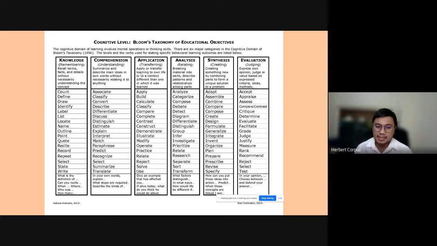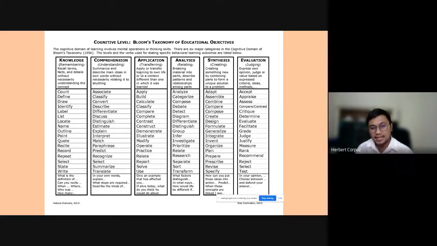What steps are required in writing learning outcomes? That is comprehension. Describe the kinds of roots or flowers. Okay, that is comprehension.